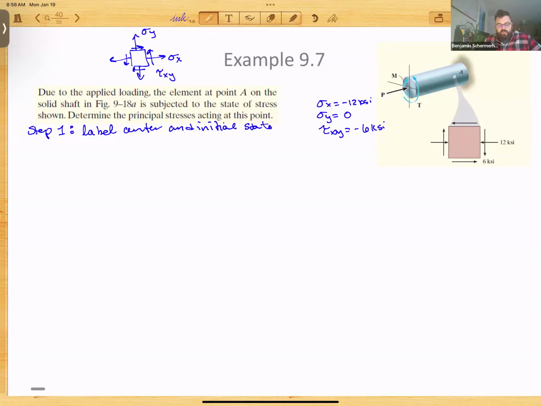So you'll see how easy this is here. We are going to be dealing with some negative numbers, so I'm going to draw my axes over here a little bit more. And then our center is going to be at sigma average.